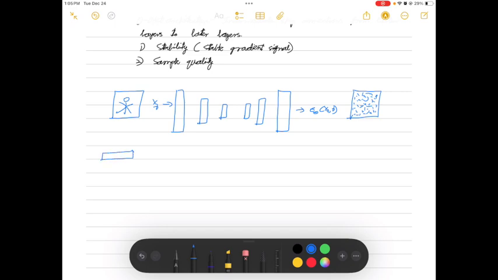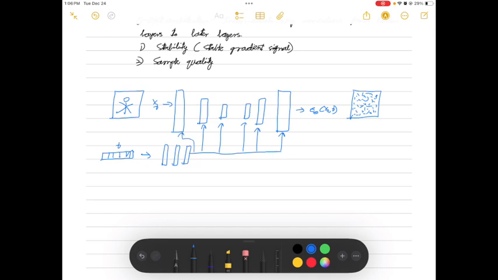So the time step is nothing but a vector encoded representation of the time, which is first passed through a few fully connected layers, and then it is concatenated to every single layer in the network.